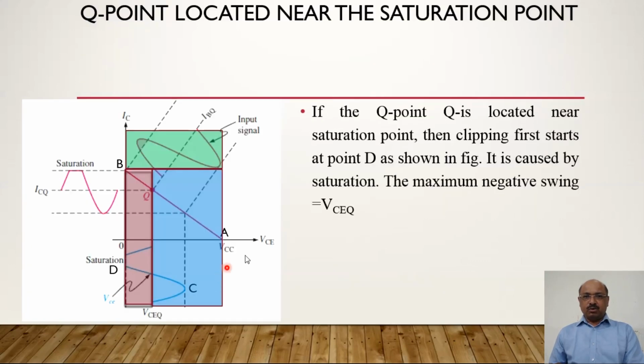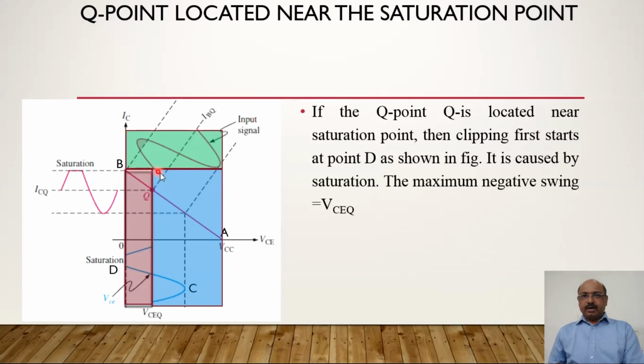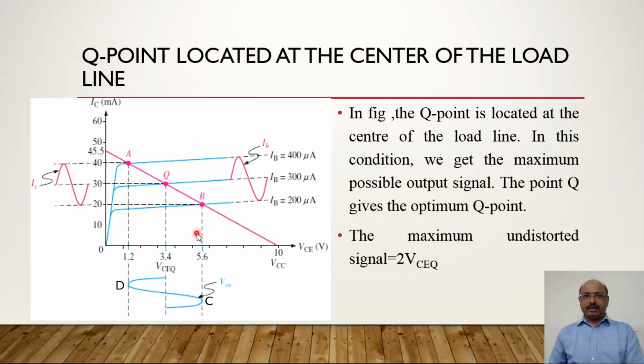So if you want to utilize the whole area, that is denoted as the green area, that is, if you want to get the maximum peak to peak output voltage, the Q point is located at the center of the load line. In this scenario, the distance covered by VCEQ will be this much, and the rest of the distance, covered by ICQ into RAC, will be this much.